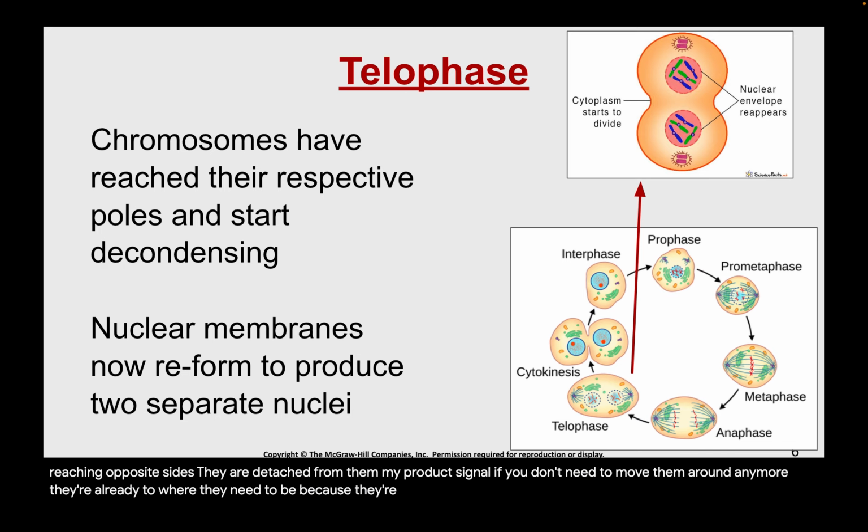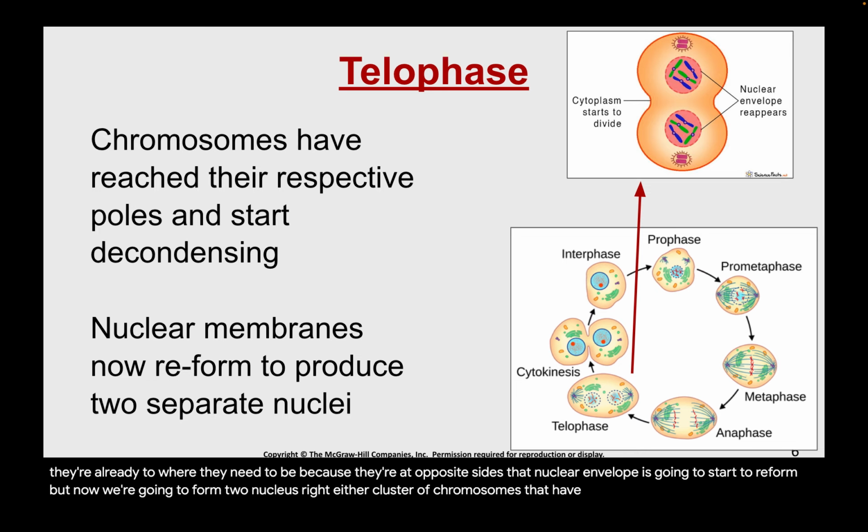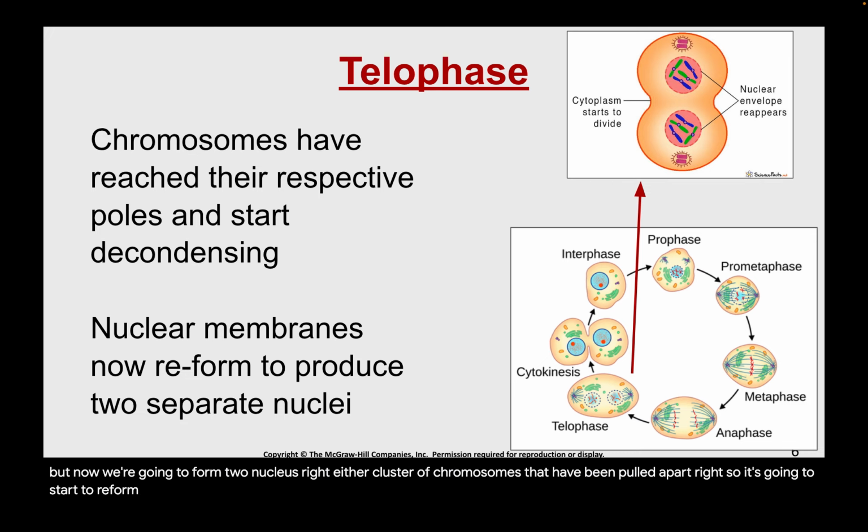Because they're at opposite sides, that nuclear envelope is going to start to reform, but now we're going to form two nuclei, right? One for either cluster of chromosomes that have been pulled apart. So it's going to start to reform at the beginning of telophase.